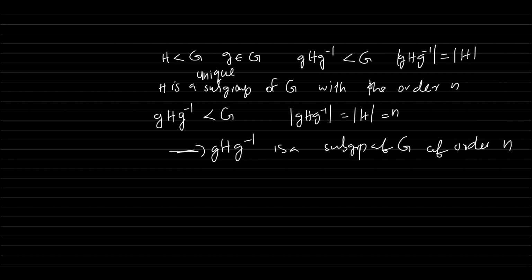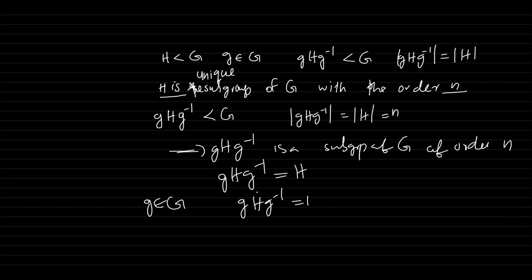But by our assumption, H is the unique subgroup of G with the order n. So gHg inverse must be equal to H. So for any g in G, gHg inverse is equal to H if H is the unique subgroup of G with the order n.